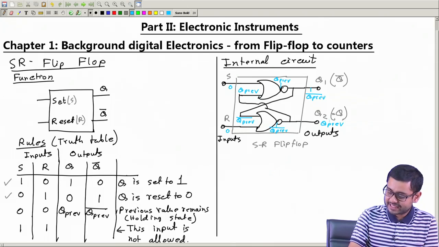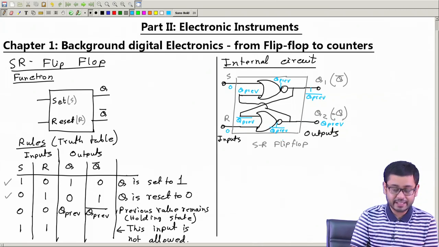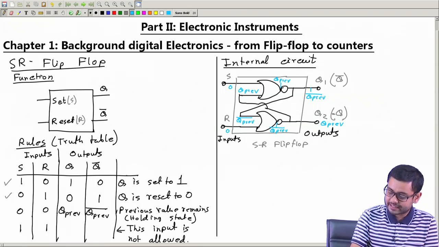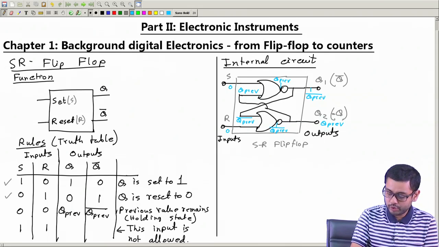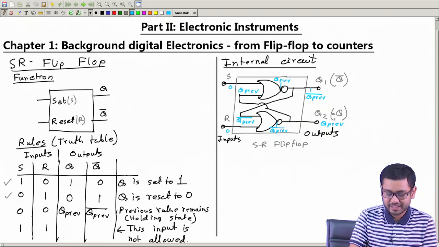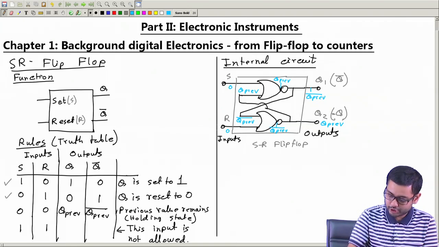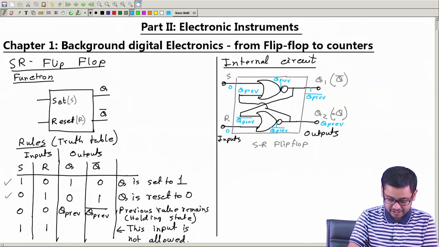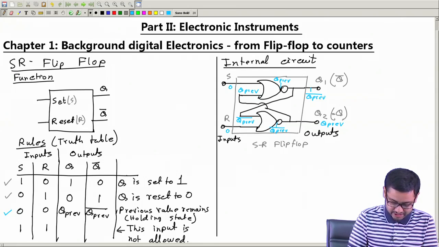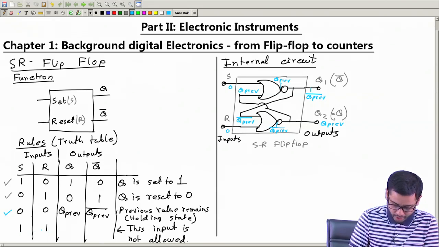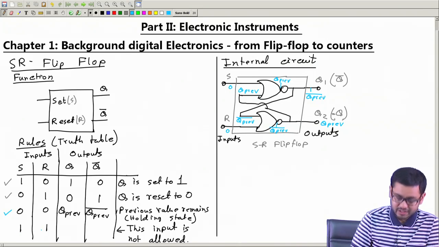So, you see I started with the assumption that this is equal to Q previous, and I landed up with the fact that this stays at the same value Q previous. This value is not going to change. As long as you keep this 0 and 0, this value is not going to change. So, this is a holding state. This is also true for this circuit. Now, if you give 1 and 1, what will happen?